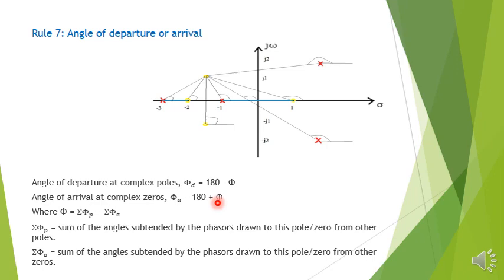The fourth rule says about angle of asymptotes and centroid. Rule number 5 says about breakaway and break-in points. Rule number 6 says about intersection with the imaginary axis. Rule number 7, the final one, is angle of departure or arrival. So to construct a root locus, we should follow all these rules.